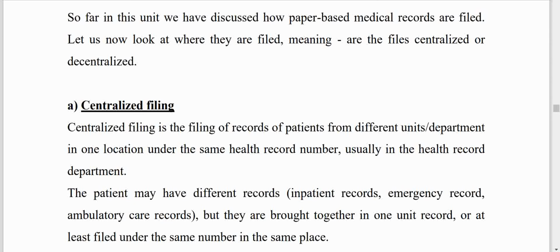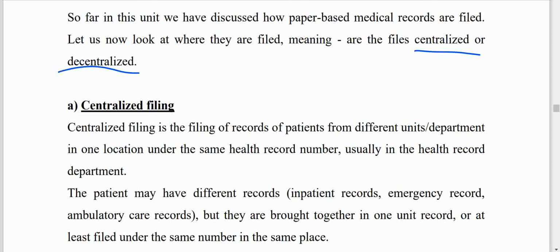All right. So like I said, we have two ways of locating files, centralized and decentralized. So we want to talk about these two concepts of file locations, and that is centralized filing and decentralized filing.